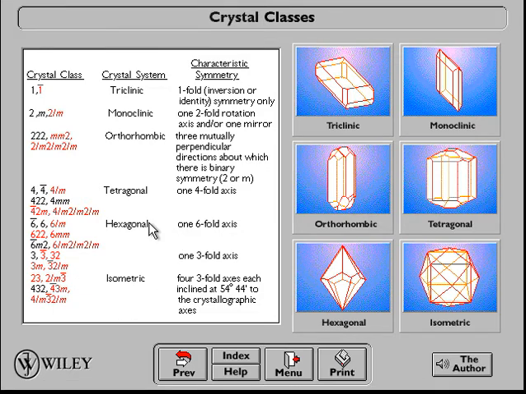So these are now classes with hexagonal symmetry, and here we have as a characteristic symmetry element one 6-fold axis, and here one 3-fold axis. Now we are clicking on our hexagonal crystal and looking at how it looks.